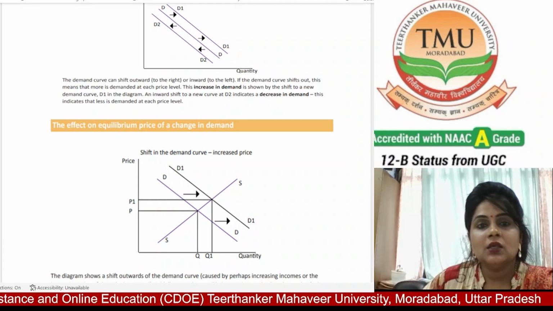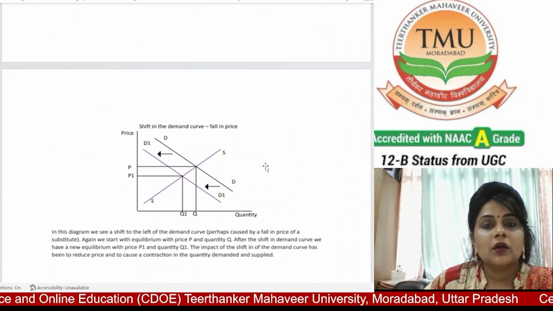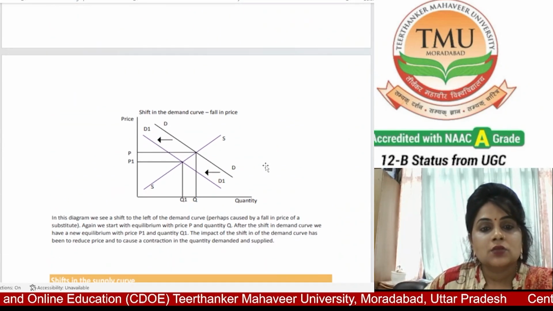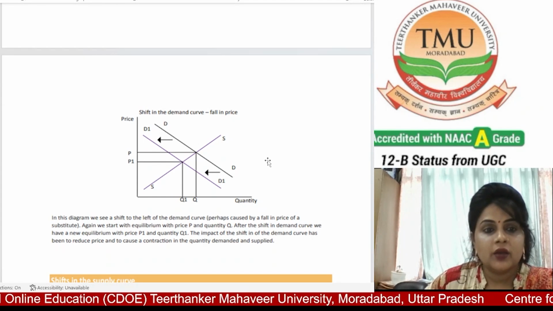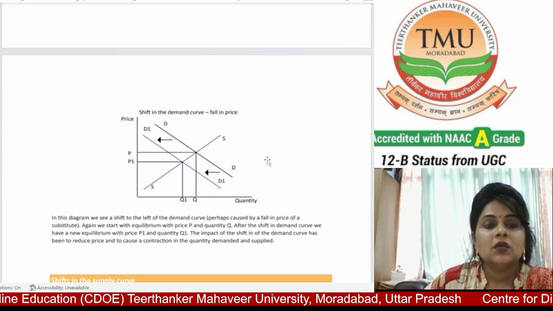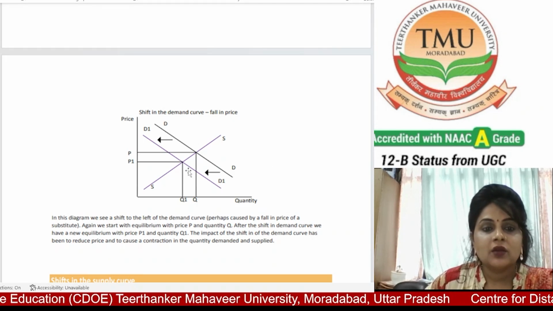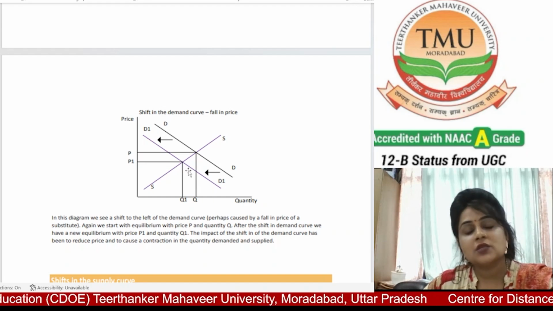Now we see the demand curve shift inward. In this diagram, we see a shift to the left of the demand curve, perhaps caused by a fall in the price of a substitute.